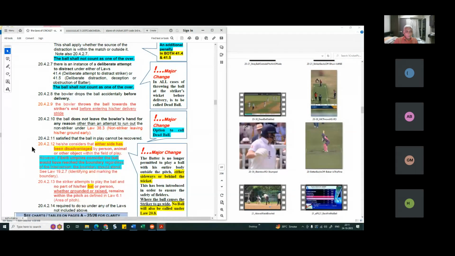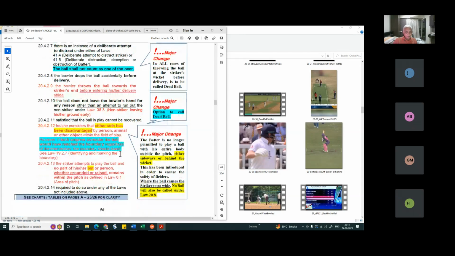Now coming to this law, where he considers that either side has been disadvantaged by a person, animal, or other object within the field of play.